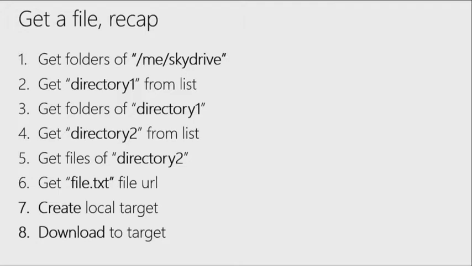Once we have directory 2, we can then find the files that are in directory 2, and we can then match the file name that we're looking for to get its download URL. We can then create a local storage file as the download target, and we can then use the background download async to download the file in SkyDrive and place it into that local target file.